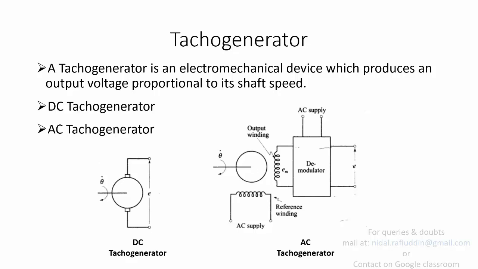First is the DC, where you provide an input in the form of angular velocity theta dot, which is nothing but the angular velocity given to the shaft of the rotor of this device. This in turn produces an output voltage. In fact, this voltage is induced because of rotation of the rotor, and this voltage is proportional to the angular velocity with which the shaft or the rotor rotates.